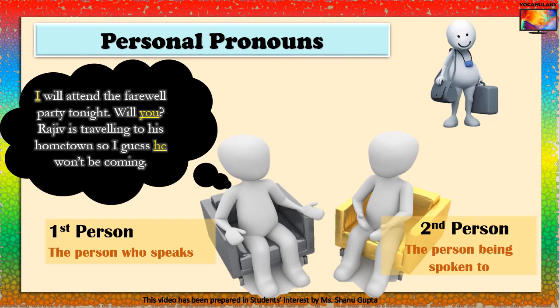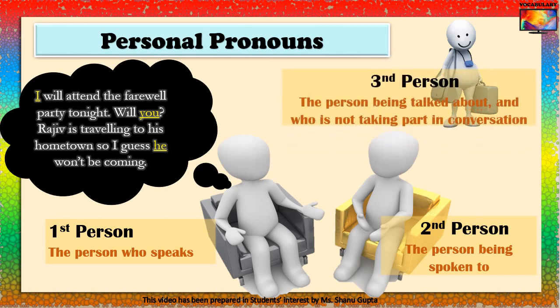And any person being talked about and who is not taking part in conversation is referred to as third person. So the pronouns he, she, they are third person pronouns. A pronoun could be singular or plural. That distinction is an easy one, depending on whether you're talking about one person or more than one.